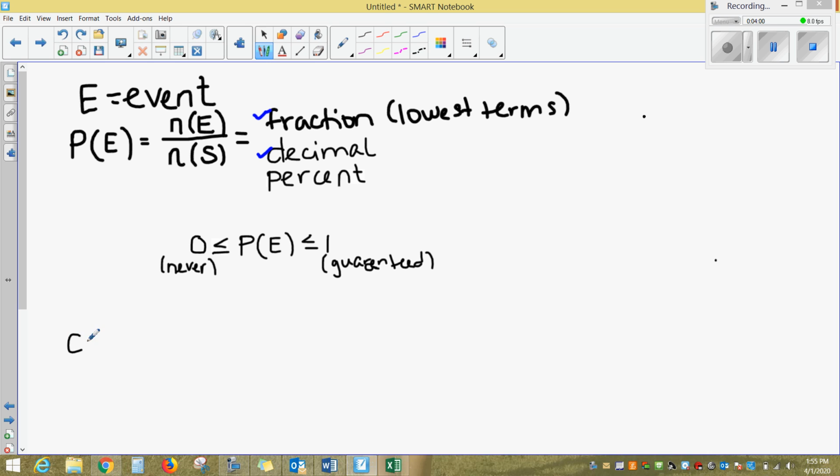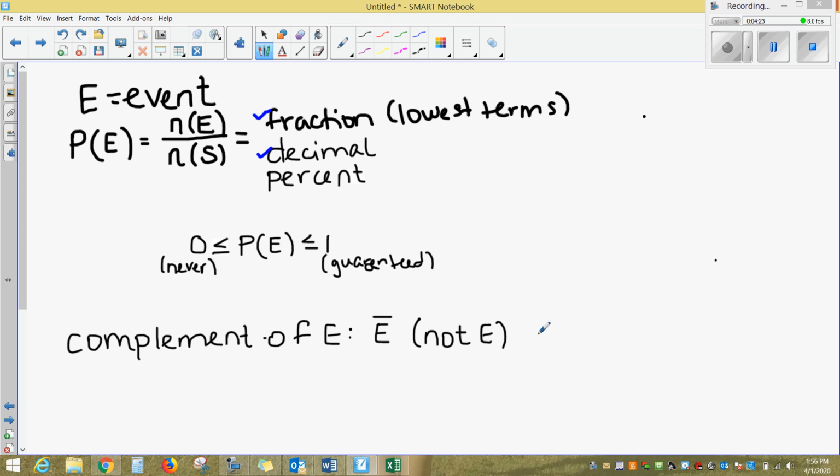One other thing that is mentioned here, and I'll get it squeezed on this page, and then we'll actually do some computing. If we want to talk about the complement of an event, the way we write that down is E bar. The complement means the event is kind of like the opposite.